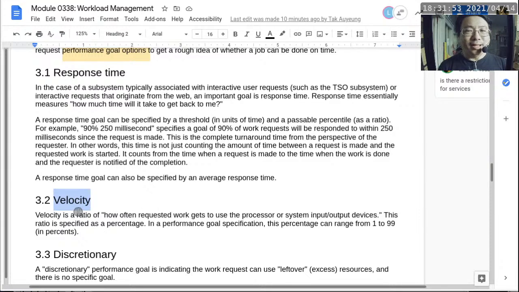It makes more sense to talk about velocity. Of all the samples of whether DB2 is doing work for a particular job, we want to guarantee that 90% of the time we get the resources that we need so that we're actually doing work. So it makes more sense to use velocity.